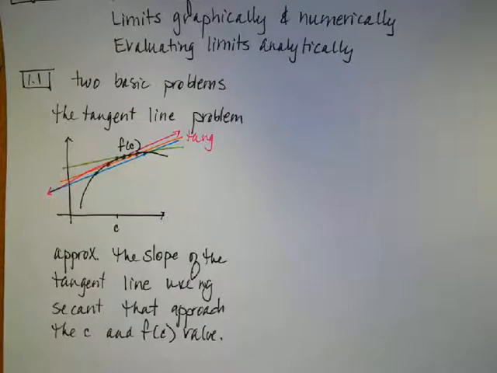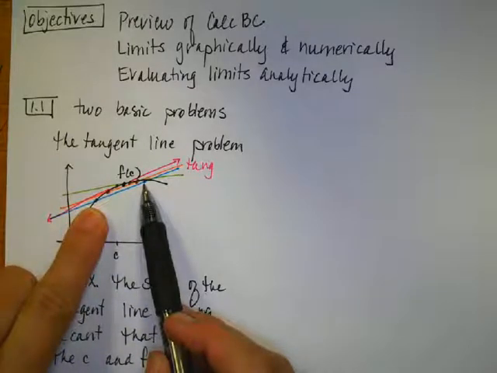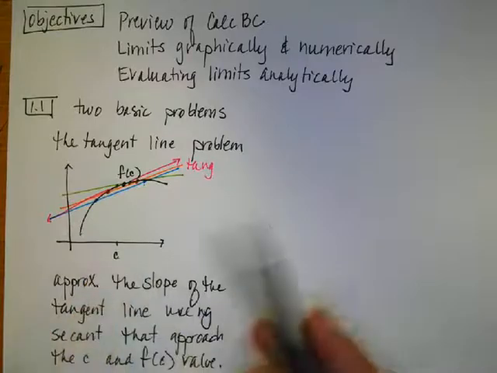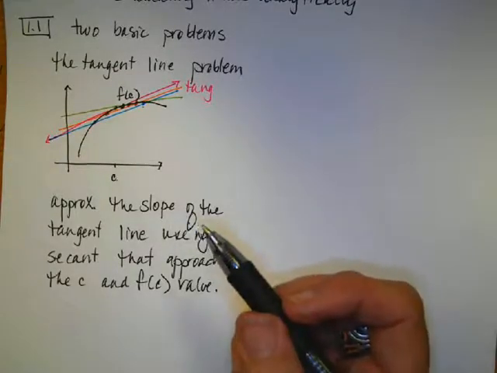Alrighty, as I choose x values that are closer and closer to C, my secant line slope will very closely approximate the slope of the tangent line.